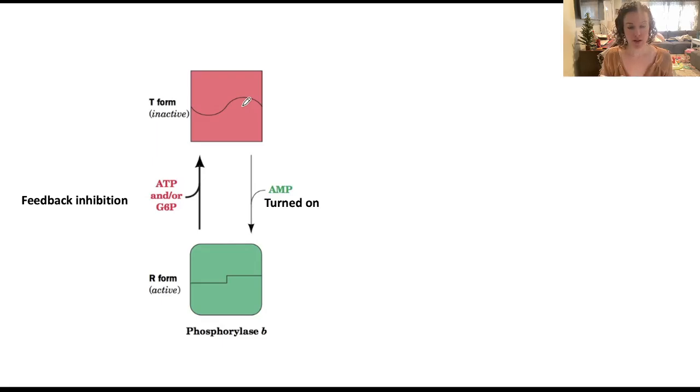AMP is a low energy signal, and we will learn more about this later in the class in terms of why we consider AMP low energy. If we have very little energy, that is a signal to our body, hey, you better liberate some glucose from glycogen so you can make more energy, more ATP, right? That turns this enzyme on into the R state or the active state.